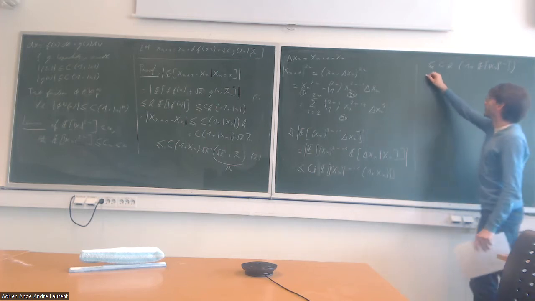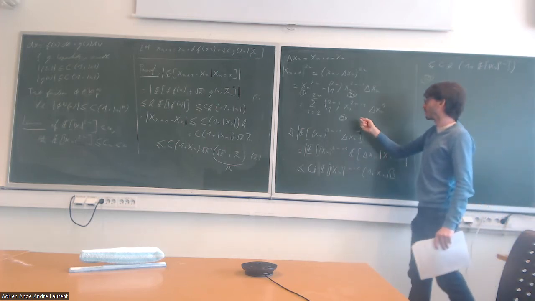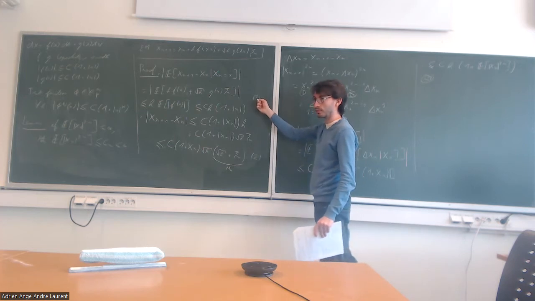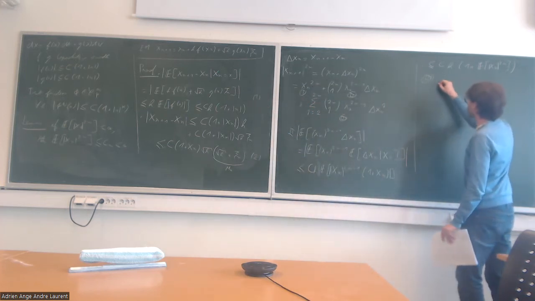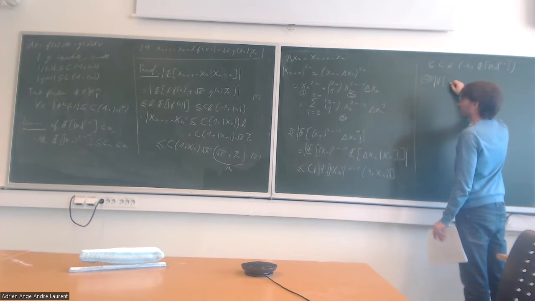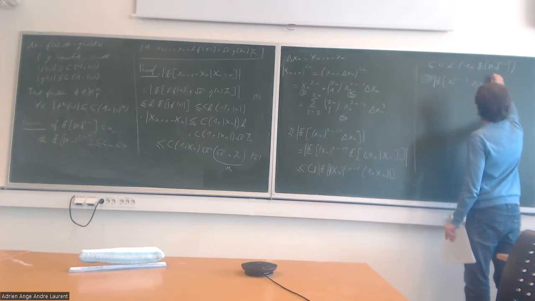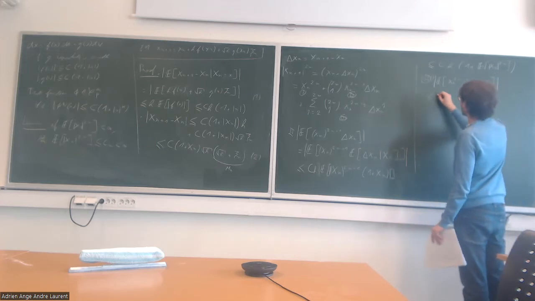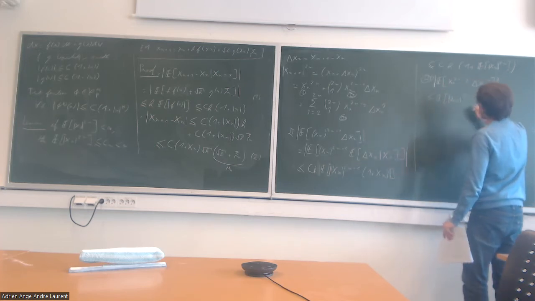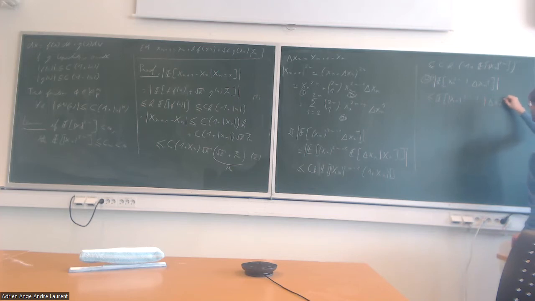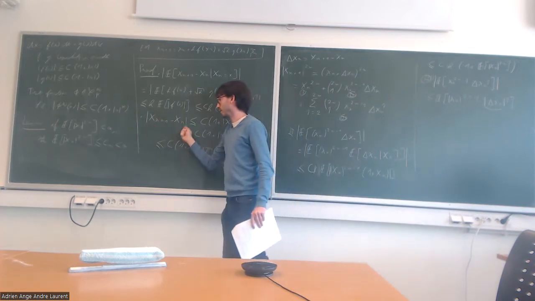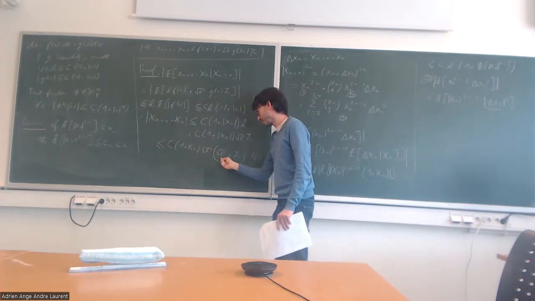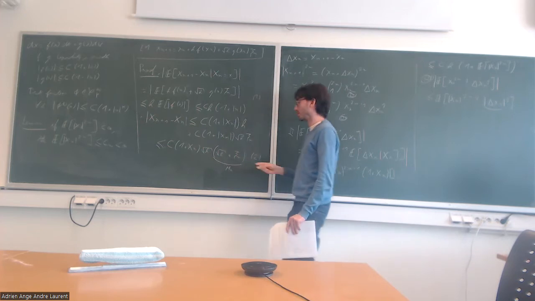With number 3, I do the exact same thing, but I use this inequality instead of this one. So I have the multiplication of xn to the 2m minus j times delta xn to the j, which is less than or equal to xn to the 2m minus j multiplied by delta xn to the j. This we know from here, delta xn is less than something with bounded moments.